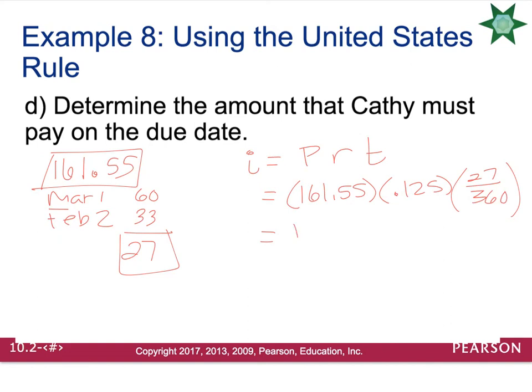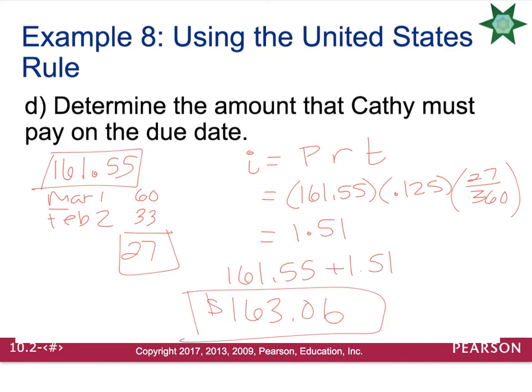She has another $1.51 of interest that she has to pay. So you need to take the amount of principal plus her $1.51, and she will have to write her final check for $163.06. So as you can tell, these partial payments really complicate the process. So make sure you take your time, write everything down. This is not something you can do in your head.